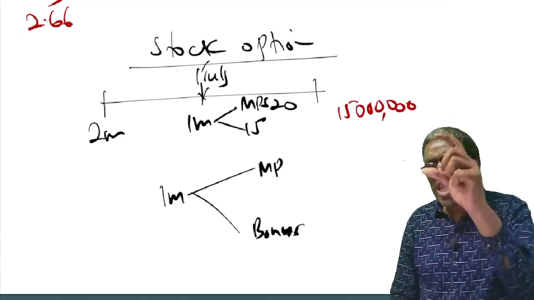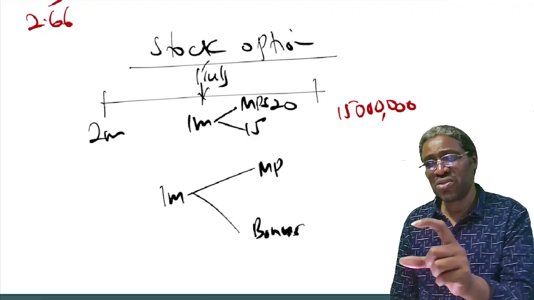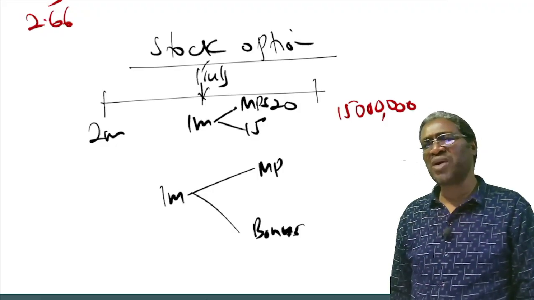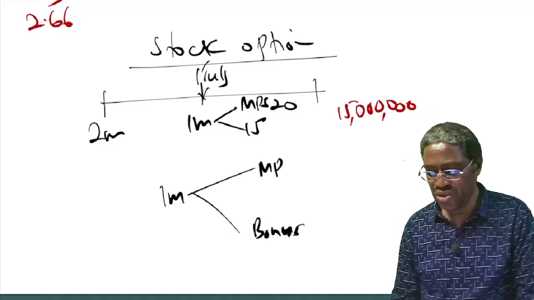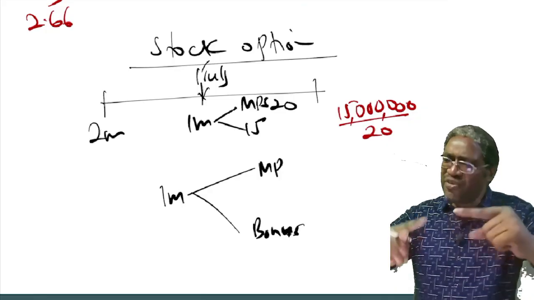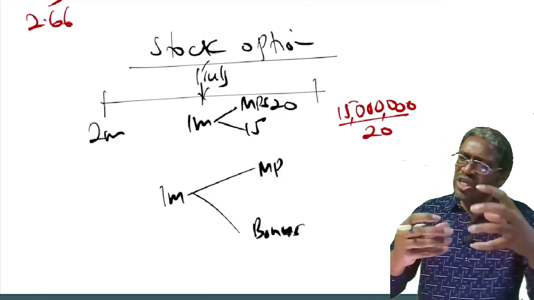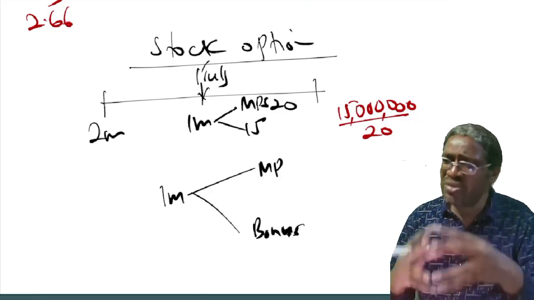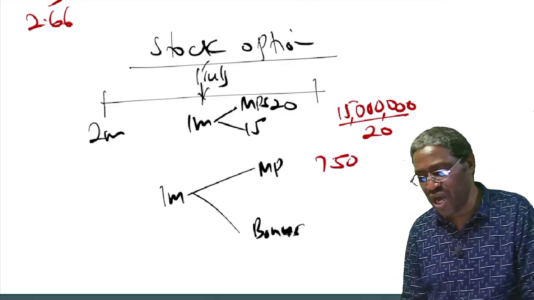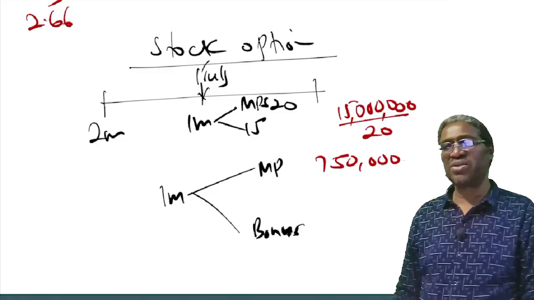If they were to use their 15 million to go to the stock market, they can't be allowed to buy them at a discount. They will only be allowed to buy them at 20 shillings. So their 15 million would only have been enough to buy how many shares? It's obvious, only 750,000 shares.